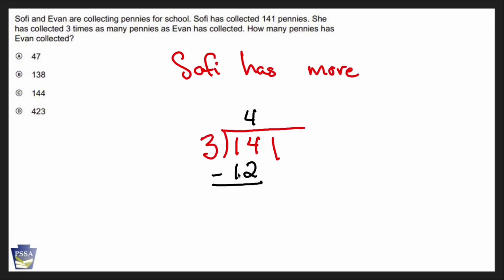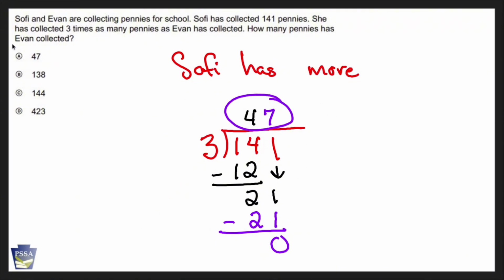Subtract 14 minus 12 and you get 2. Drop down the 1 and you get 21. Now repeat the process. 3 goes into 21 7 times. Multiply 7 times 3 and you get 21. Subtract 21 minus 21 and you get 0. So no remainder. The answer is 47, which means the answer is A.